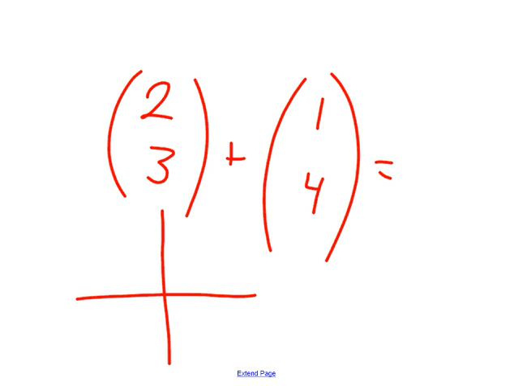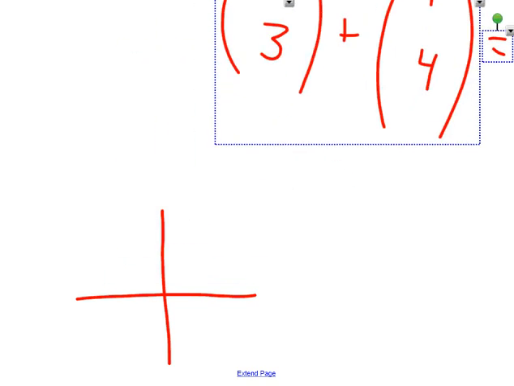And would you draw for me what 1, 4 looks like? Make them different colors. You have that capability on your iPad. Draw 2, 3, draw 1, 4, and then actually put them together where you go tip to tail. And you know the answer should be 3, 7. And let's see if it actually comes out at 3, 7. It will if you do it right.